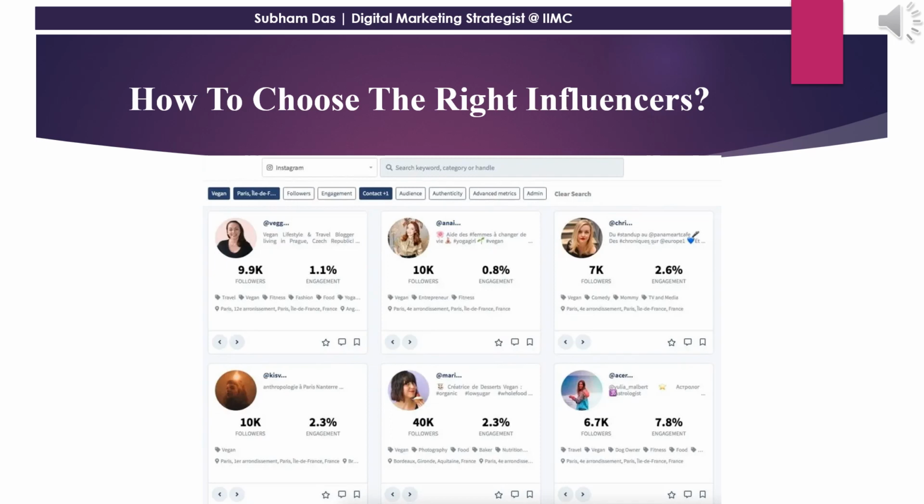In case you want to find out more about the ABCC framework, you can head over to my blog post where I have written in detail what the ABCC framework is and how you use all the four different components that I already spoke about. That is the ABCC framework. Over to next slide now.